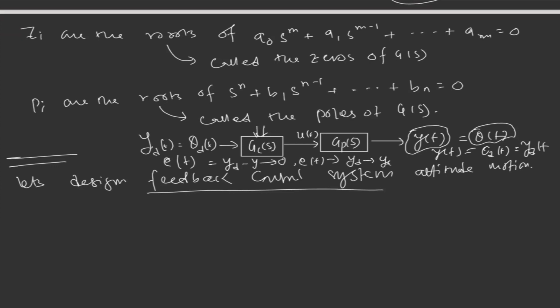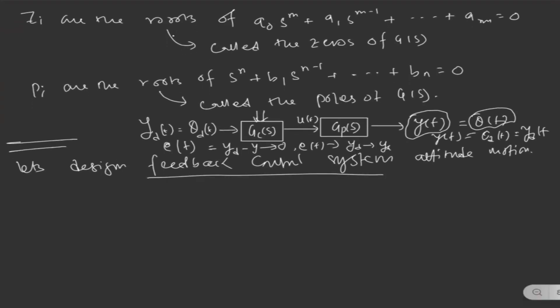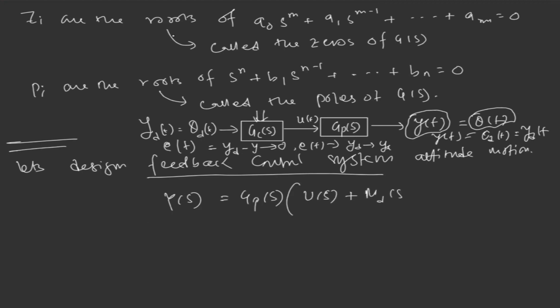That's how we need to design the feedback control system. So here our plant is Y(s) equal to G_P(s) U(s) plus M_d(s). So this is our system, and for this system we will be designing the controller.